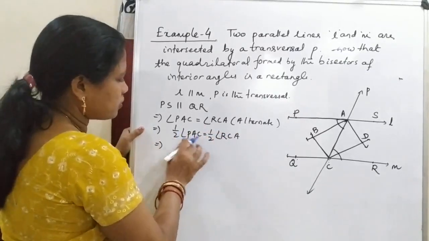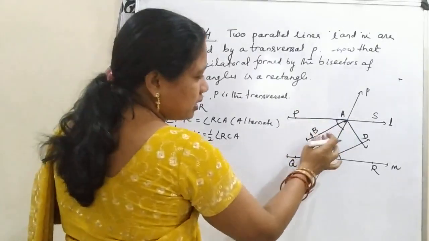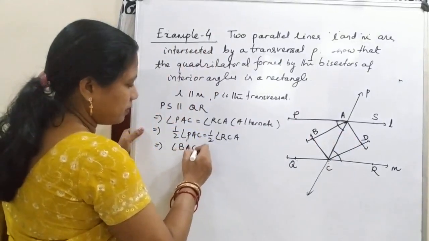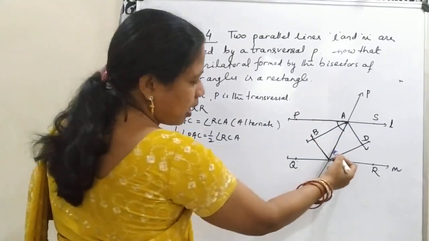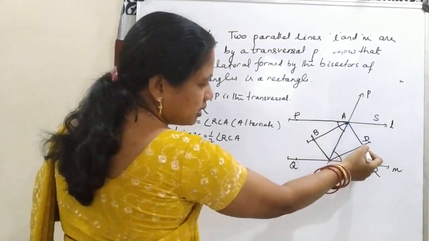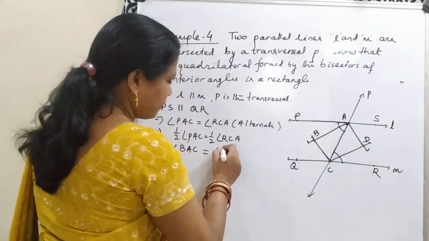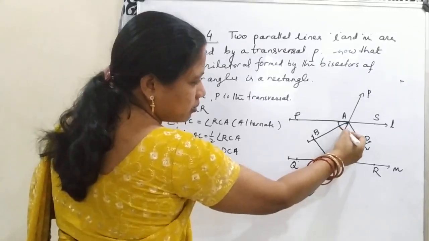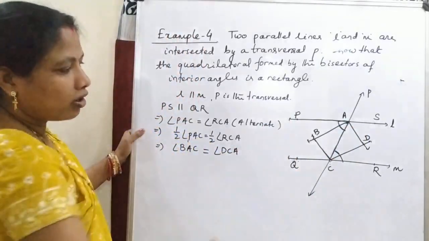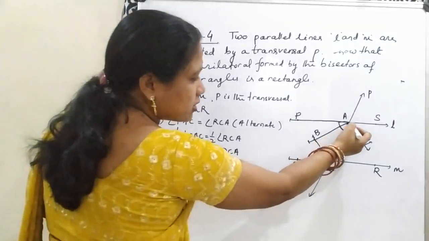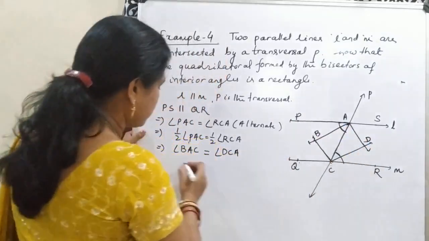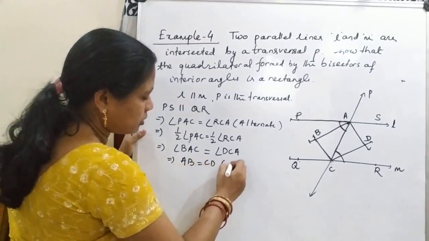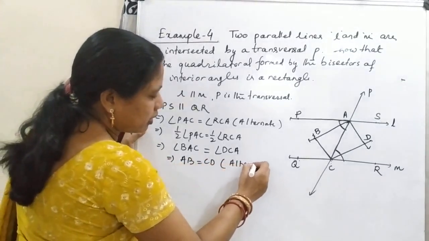Half of angle PAC is BAC, and half of RCA is DCA. So angle BAC is equal to angle DCA. Again alternate angles are equal. So this implies AB is parallel to CD as alternate angles are equal.